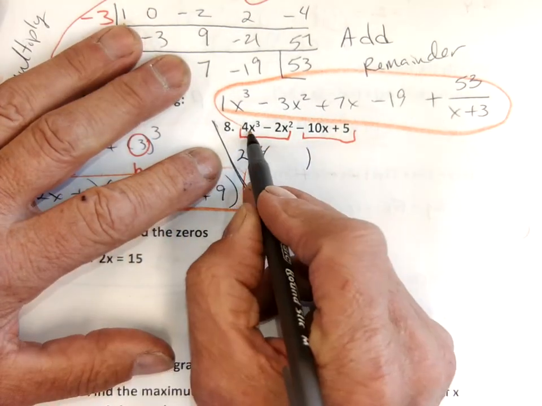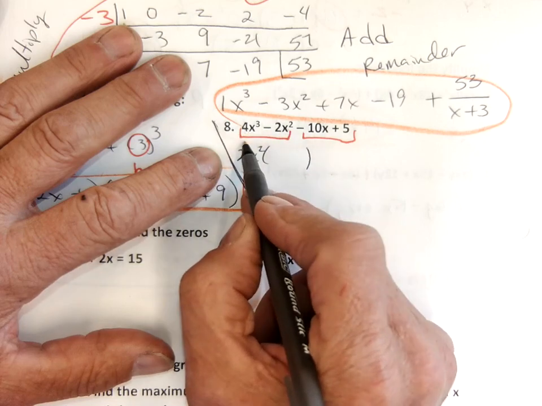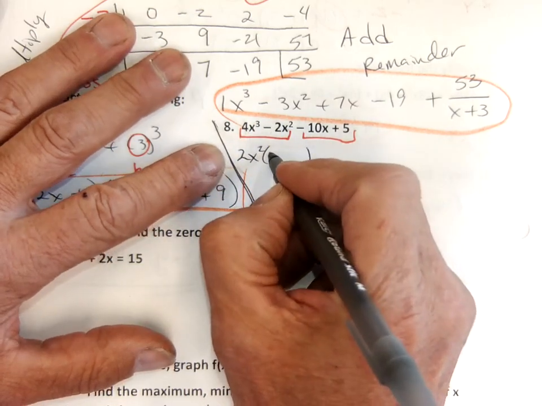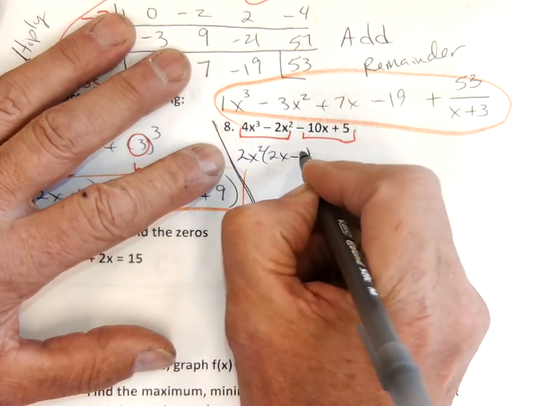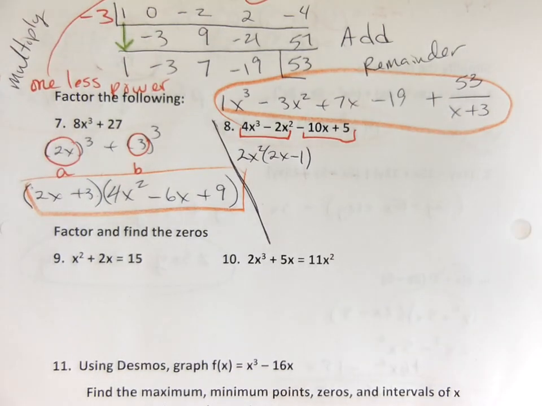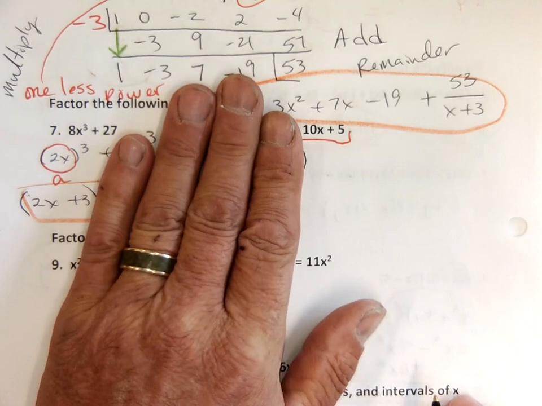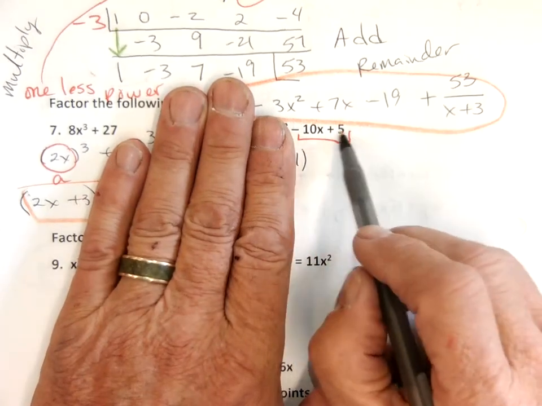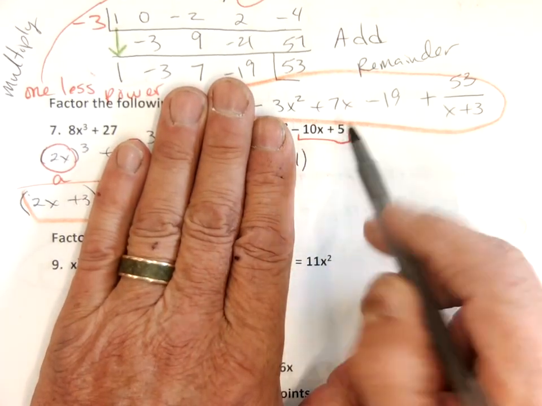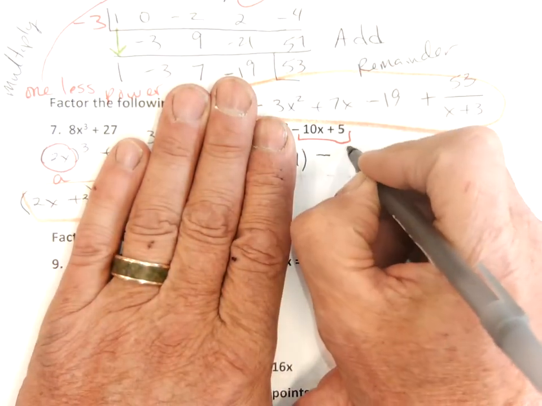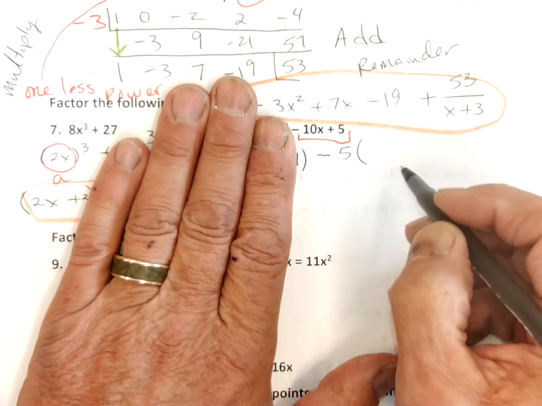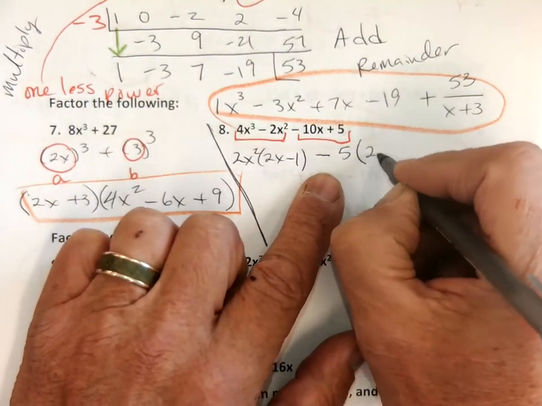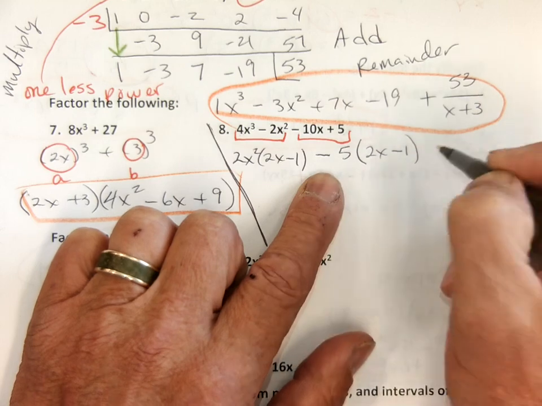So if I take out a 2x squared out of this, I'd have a 2x minus 1. If I ignore this, what do these 2 have in common? A 5. I totally agree. Let's do a negative 5. So I'd have a positive 2x minus 1.